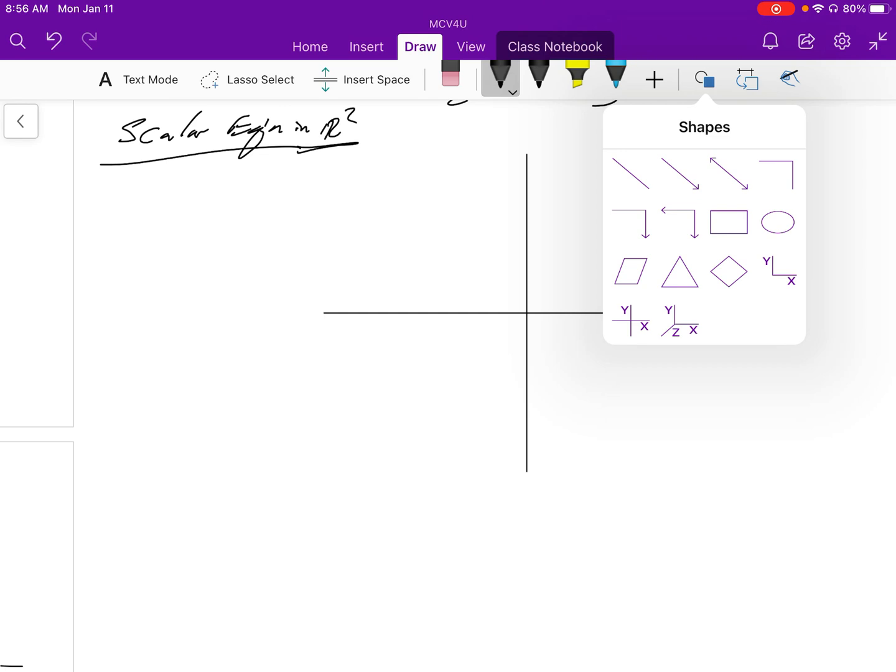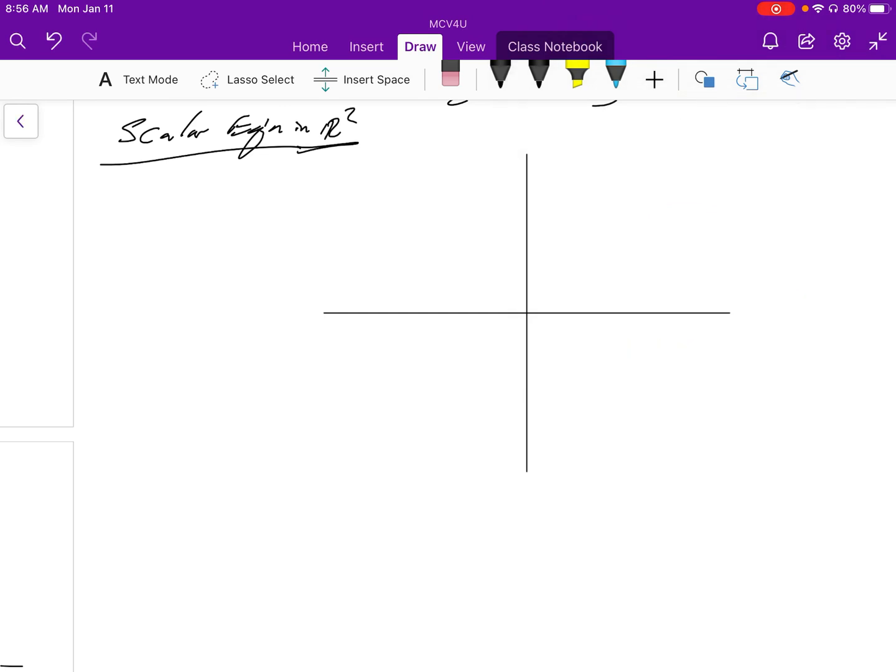So if we take a look at any line, let's say we have the point A that's on the line, A1, A2, so it's a known point. And then we'll take a look at any point P that's on the line, which can change.